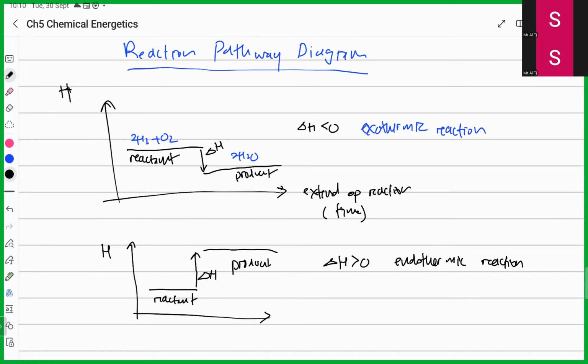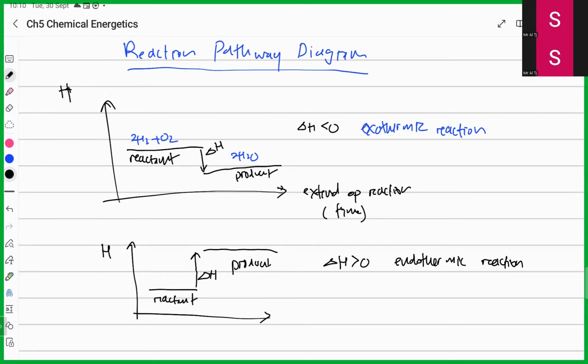We're going to have the reactant on the left side and the product on the right side, denoted with a horizontal line to depict their enthalpy level. Then the third one, we have the enthalpy change of reaction, either going up or going down. This is what we call a simple reaction pathway diagram.